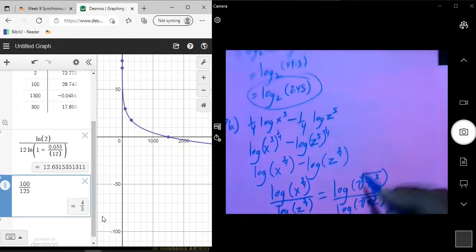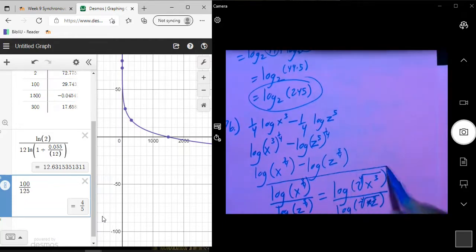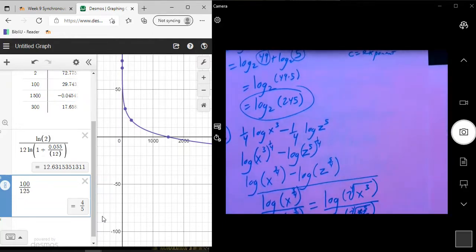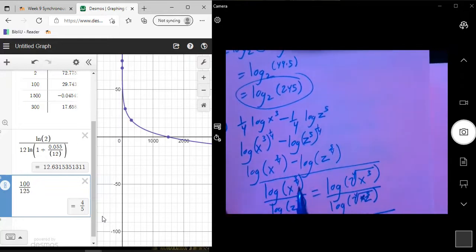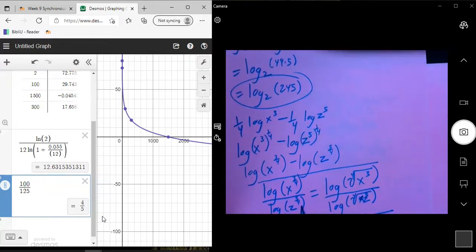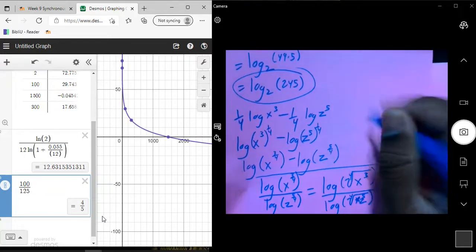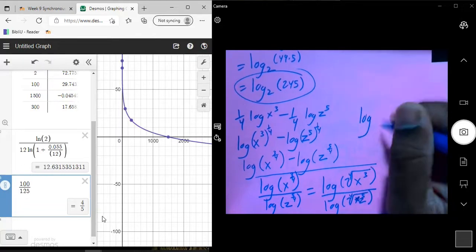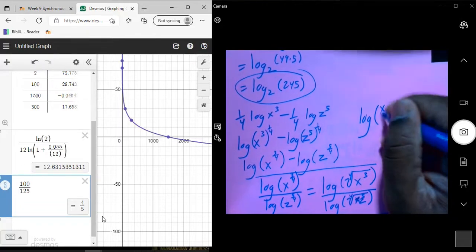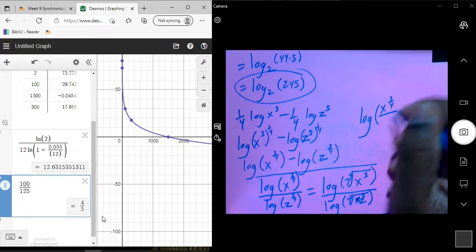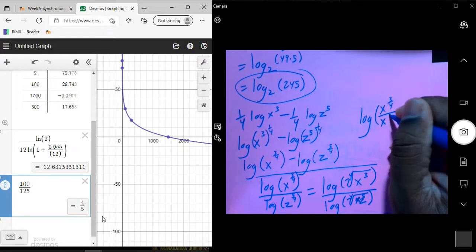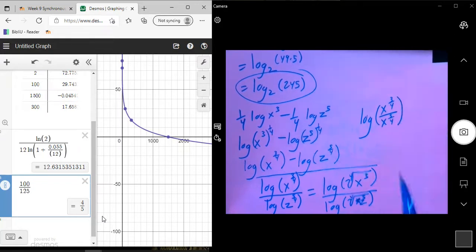So the error was, instead of having log x to the 3/4 over log z to the 5/4, I should have just had one big log, and then it would have been x to the 3/4 over x to the 5/4.